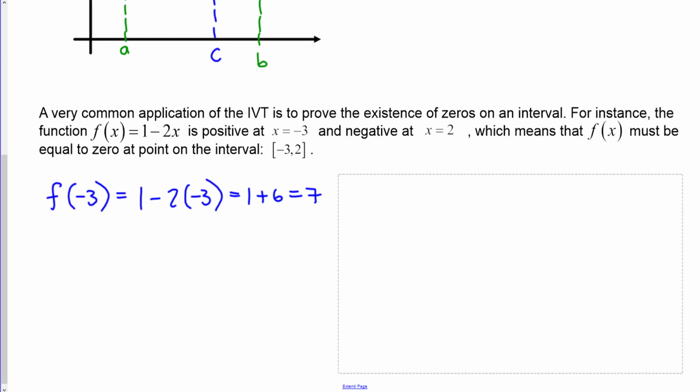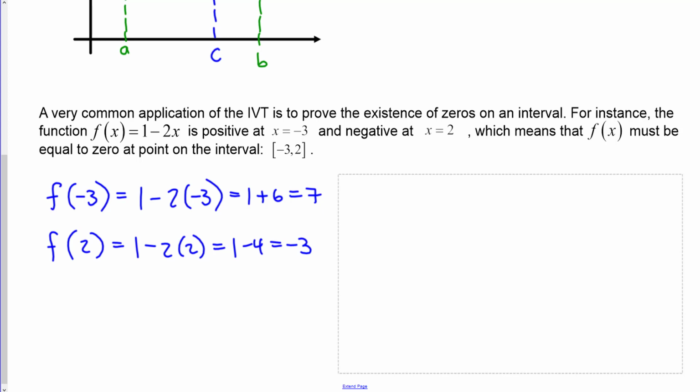So that's a positive answer. And I observe that at x equals 2, 1 minus 2 times 2 would be 1 minus 4, which is negative 3. So I have a positive result and a negative result. And this is a continuous function on the interval from negative 3 to positive 2.